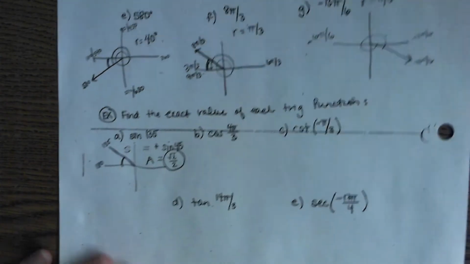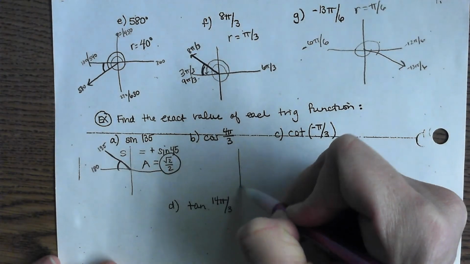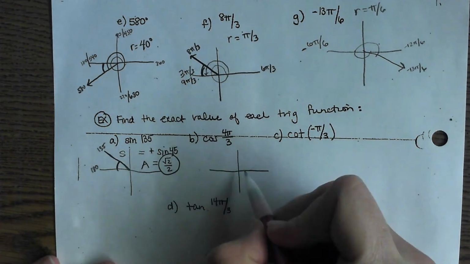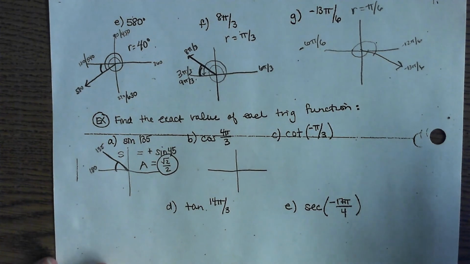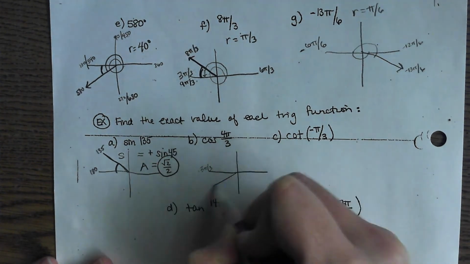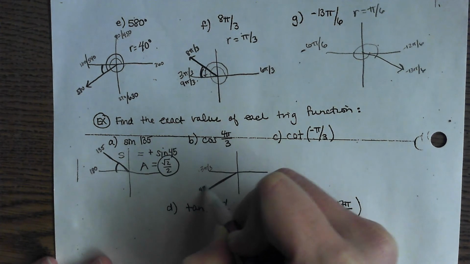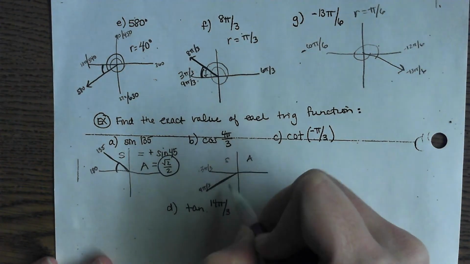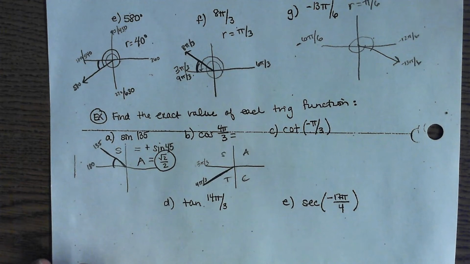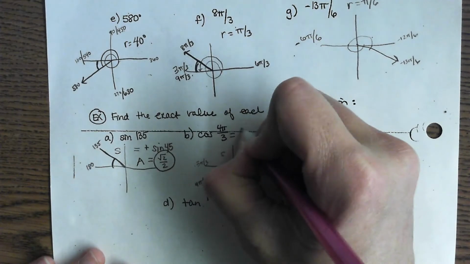Okay? Cosine of 4 pi over 3. 4 pi over 3 is in what quadrant, first of all? Connor. Third, because this is 3 pi over 3. Good. So 4 pi over 3 is here. So All Students Take Calculus. Should the cosine be plus or minus, Connor? Negative.